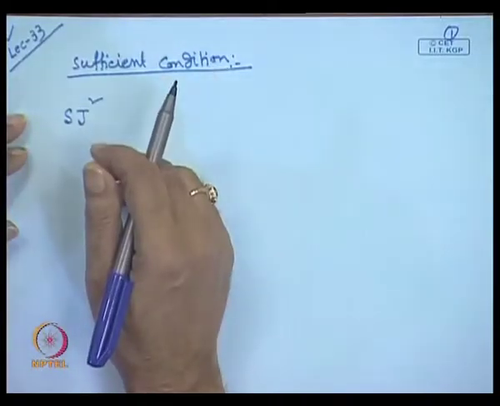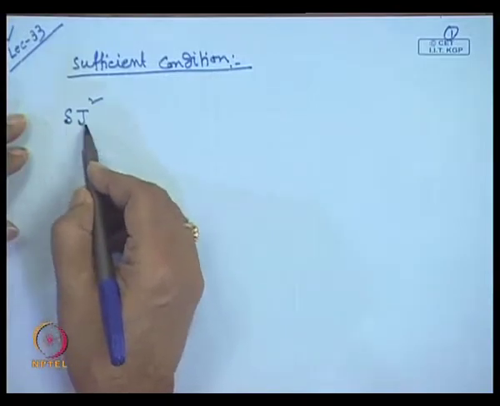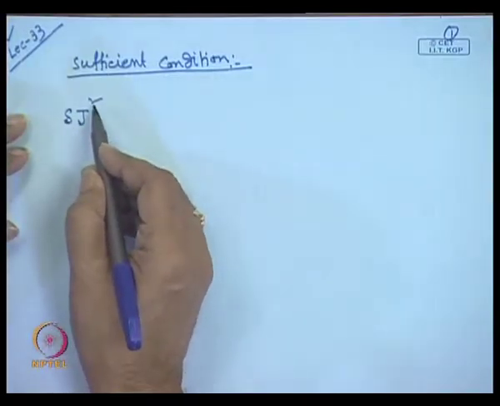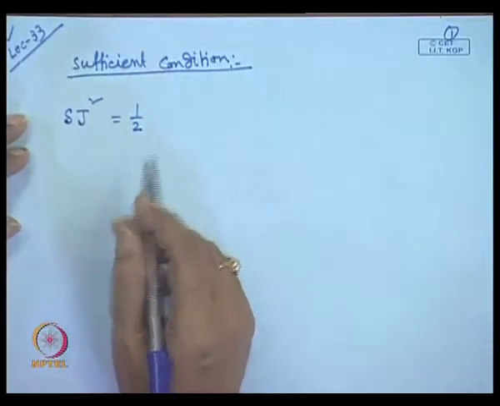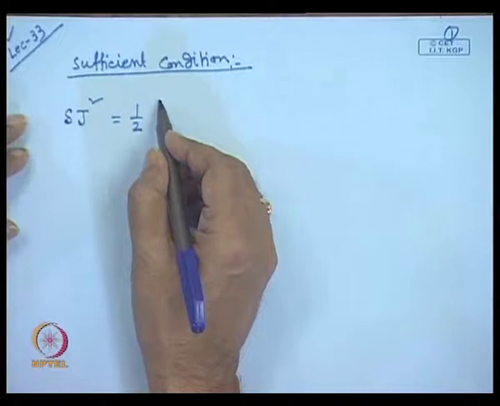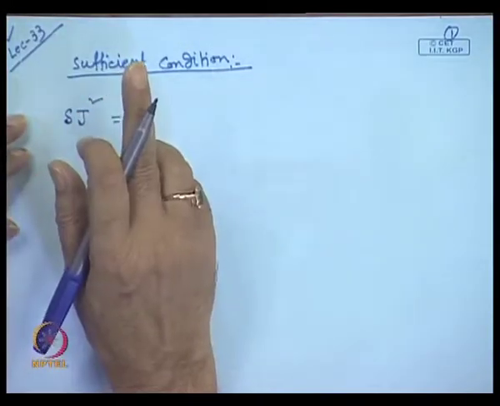If you see, the second variation of the incremental functional, which we have denoted by del squared J, is equal to, from the Taylor series expansion we discussed earlier, the incremental functional value up to the second derivative of the Taylor series expansion.